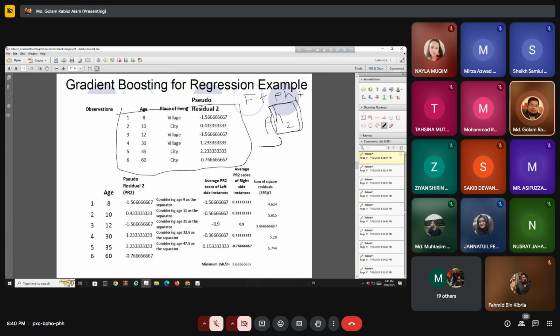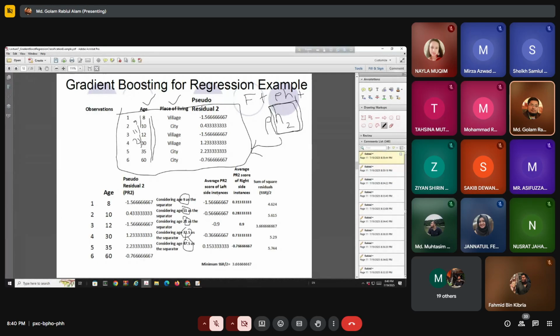So from this data set we will get the h2, and again we have the same variables, age and place of living. So again we have to find out the splitters. That is 8, 10 splitter, 9, 10, 12 splitter, 11, 12, 30 splitter, 21. So again we consider 9 as the splitter, 11 as the splitter, 21 as the splitter, 32.5 as splitter, 47.5 as the splitter.